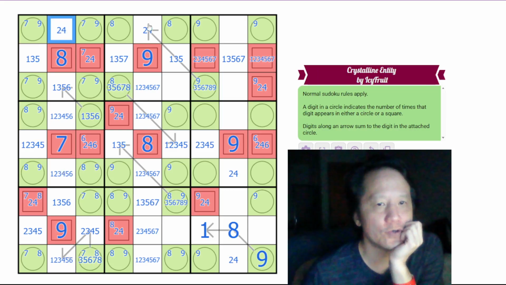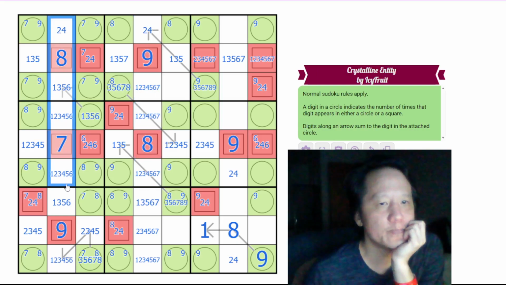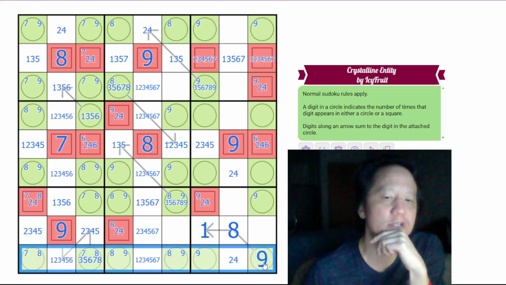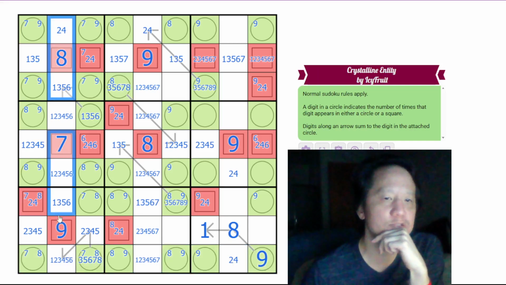2 and 4 cannot appear outside of row 1, 6, or 9 in columns 2, 5, and 8, right?